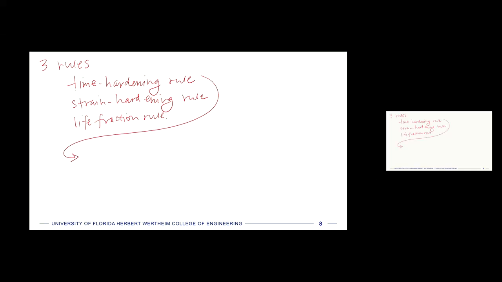I'm going to illustrate this graphically because I'm a graphical thinker. What we have is 2 plots of creep strain versus time. Creep strain is going to be inch per inch.